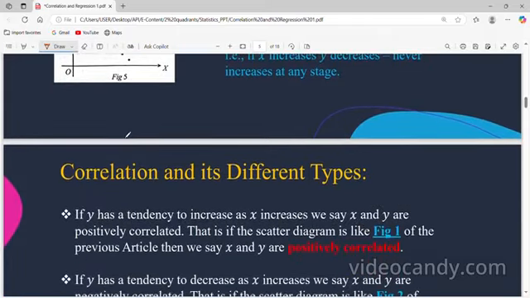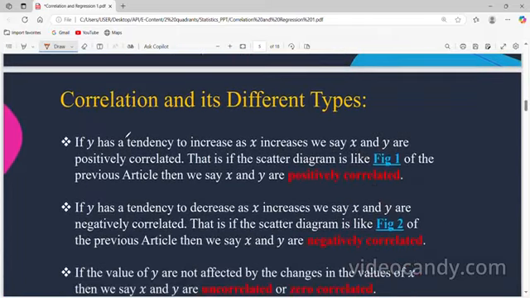Next is correlation and its different types. If y has a tendency to increase as x increases, we say x and y are positively correlated. That is, if the scatter diagram is like figure 1 of the previous article, then we can say x and y are positively correlated. Same way, if y has a tendency to decrease as x increases, we say x and y are negatively correlated.